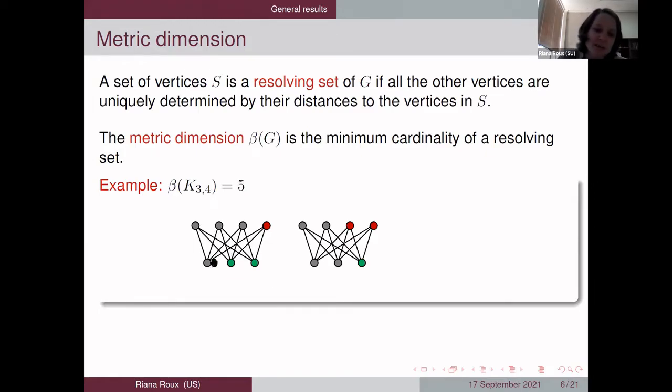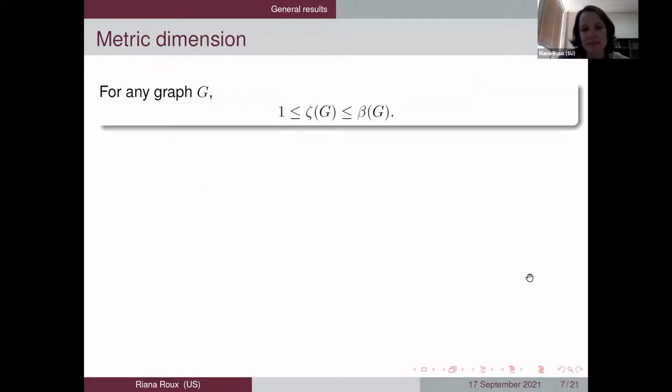In this first case, we have 2 green vertices, and in the second one, we have 2 red vertices. And we don't want vertices with the same distance. We want them to be uniquely determined by the distances. So we need at least 5 in this case in order to uniquely identify the remaining vertices by their distances.